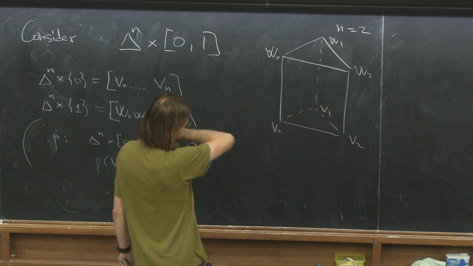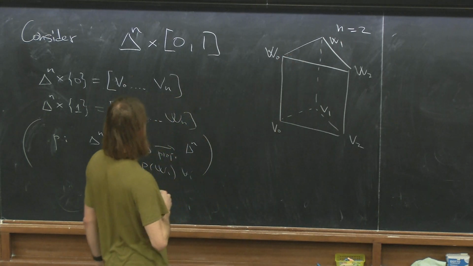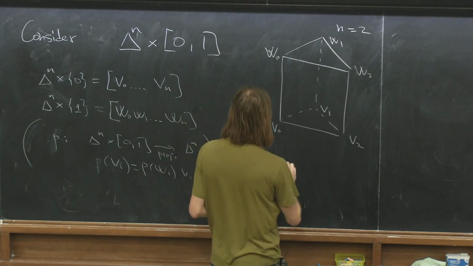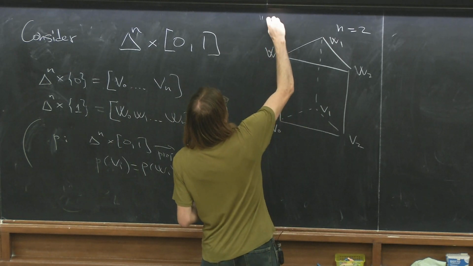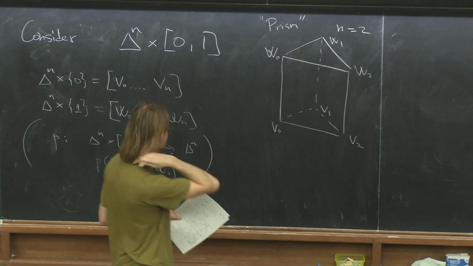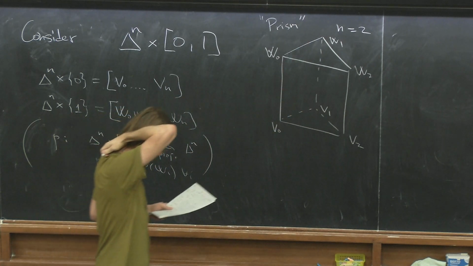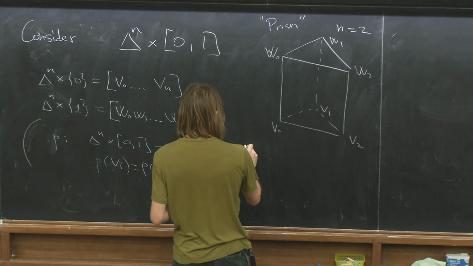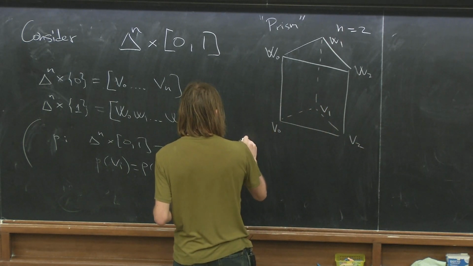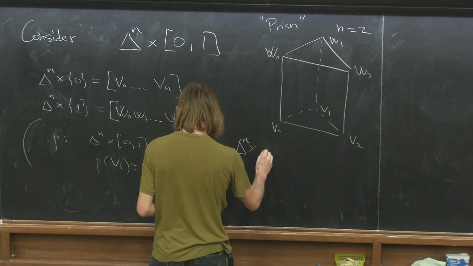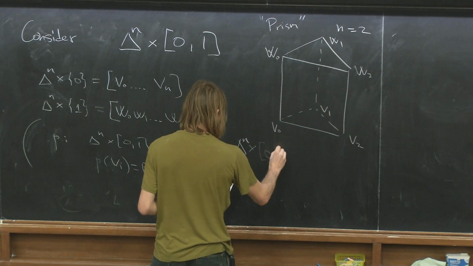Now we want to subdivide this space, this prism, into simplices. The subdivision can be described as follows.